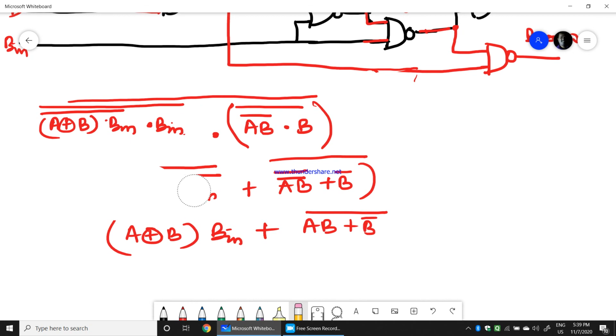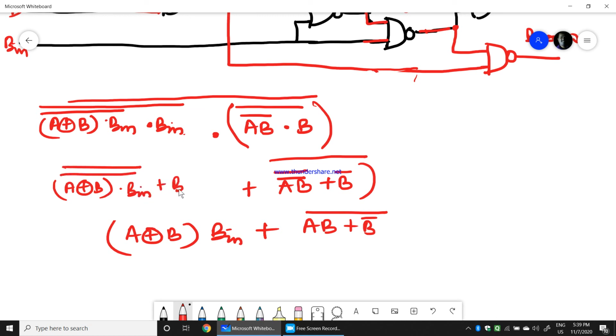Okay, so I think this will be A XOR B ANDed with Bin the whole bar, plus Bin bar the whole bar. See, this whole bar, the whole bar, and again the whole bar plus this thing, whatever I write.